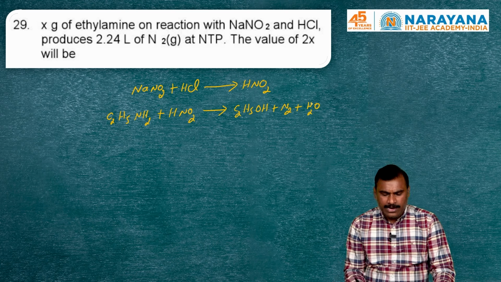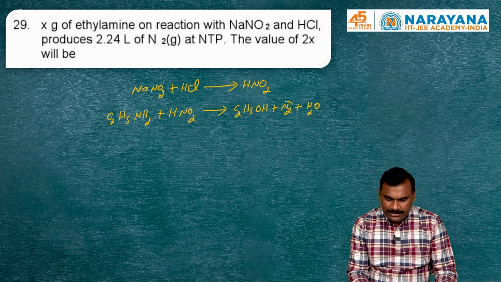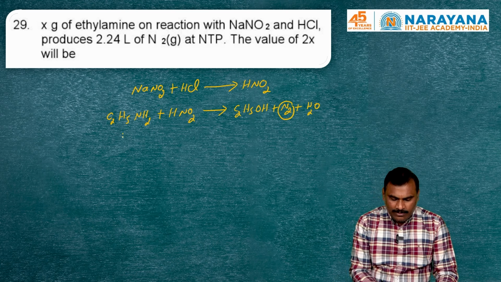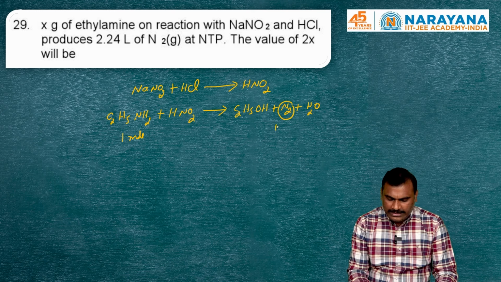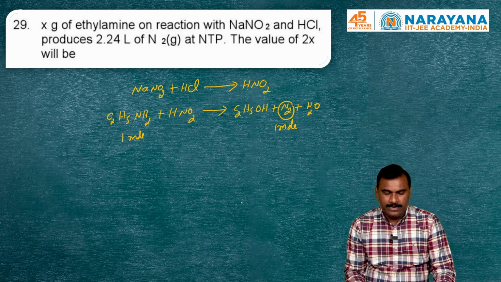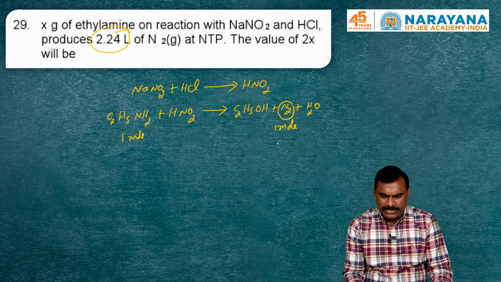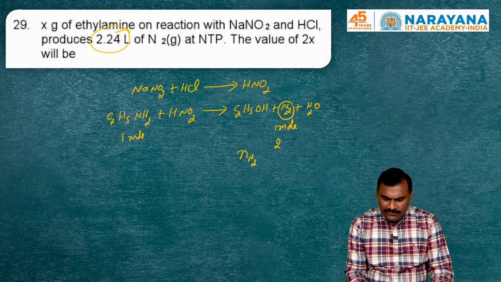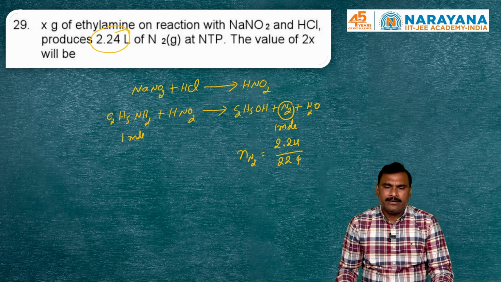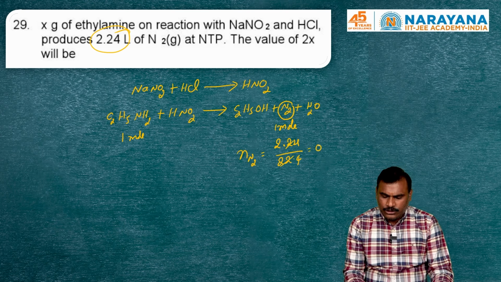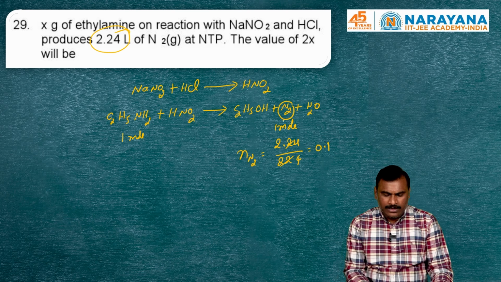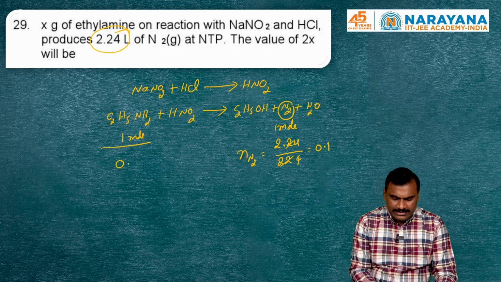Yes or no? Now from this you understand that 1 mole of ethylamine produces 1 mole of nitrogen, but they gave just 2.24 liters of nitrogen. The number of moles of nitrogen produced is equal to 2.24 by 22.4, given volume by gram molar volume. I got 0.1 mole. Therefore the given amine is 0.1 mole.